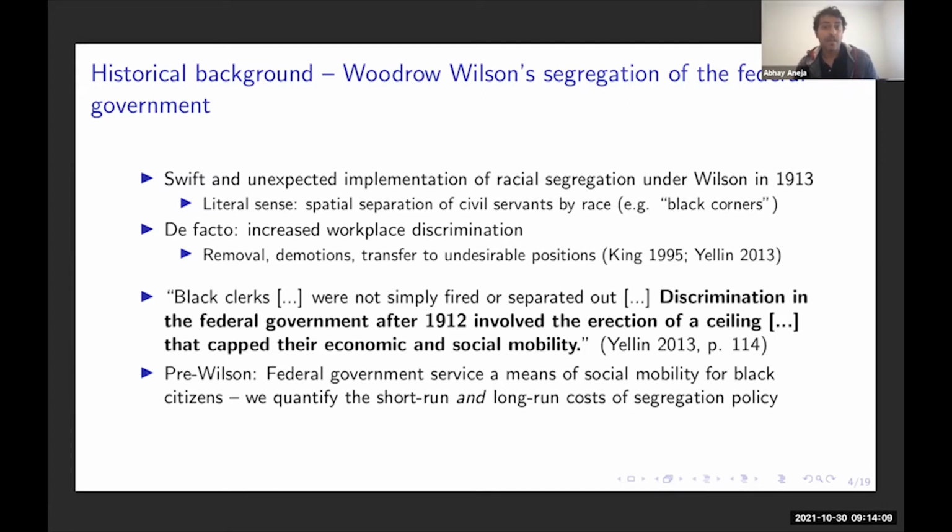Segregation was really carried out as a program of demotions of qualified Black workers to worse paying jobs and even dismissals. And so, we're thinking about segregation here as being analogous to a general regime of discrimination carried out against Black American civil servants. And so what we're essentially going to test for in this paper is the existence of this ceiling government-wide and the cost to Black workers and their families.